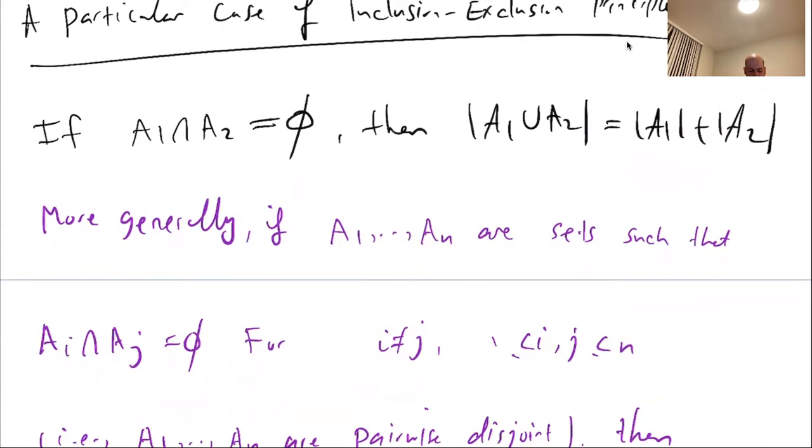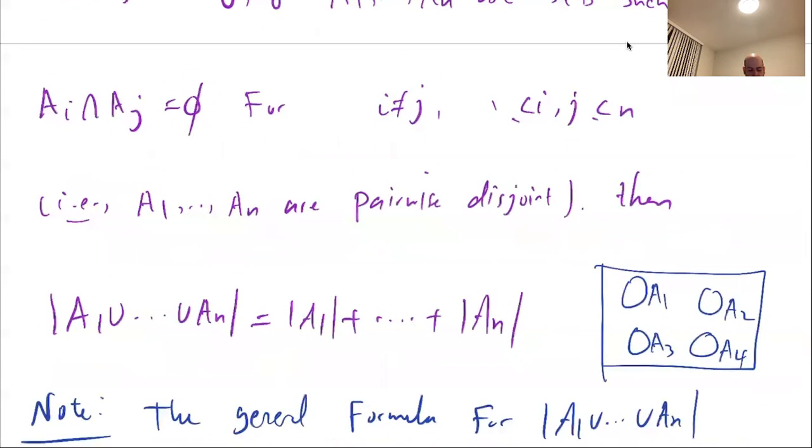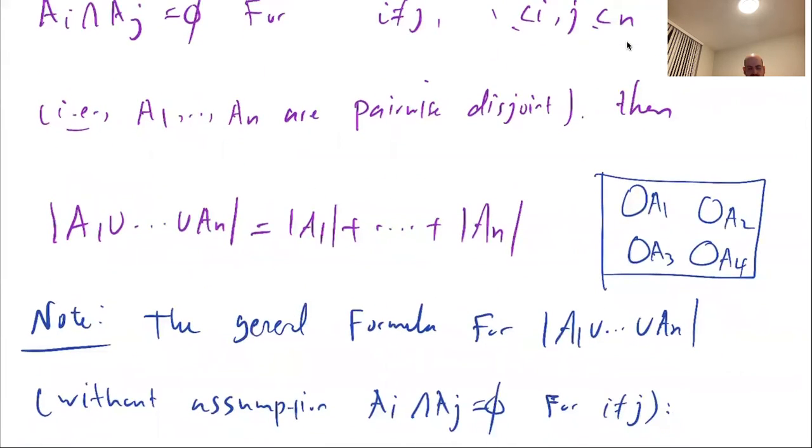And by the way, this particular case is called the sum rule in your book, if you see this term. So because there is no intersection between any two of them, we can use this sum rule, and to find the number of elements of the union, just add the number of elements in each set.